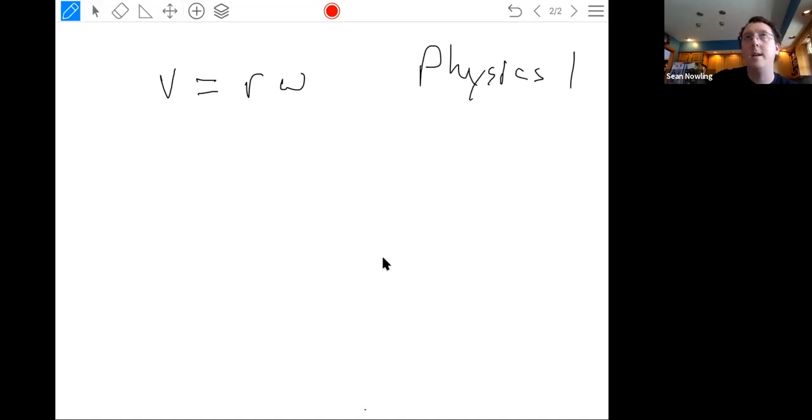I want to think about an object, a particle, which is rotating. So we know that the velocity at this point points that way. And if you're thinking about it, you want to take your hand and curl your hand around with it.